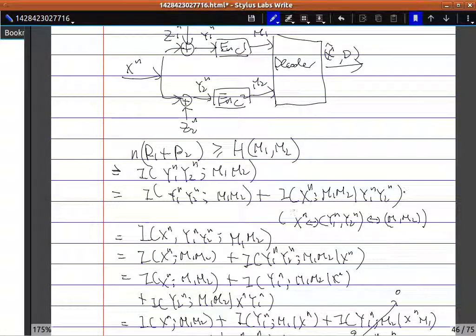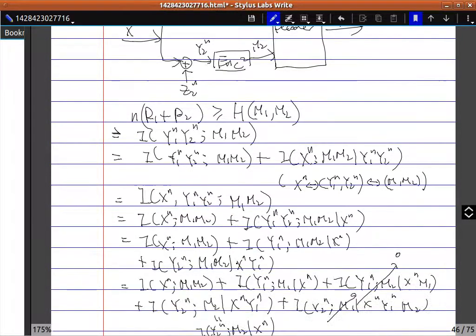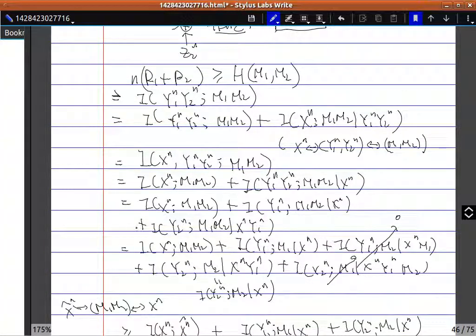Then I can add this term here, which is basically 0 because given y1 and y2, m1 and m2 are conditionally independent of x^n. If I add these terms, I can merge this in the mutual information to get this mutual information here. And then I will split it in another way.